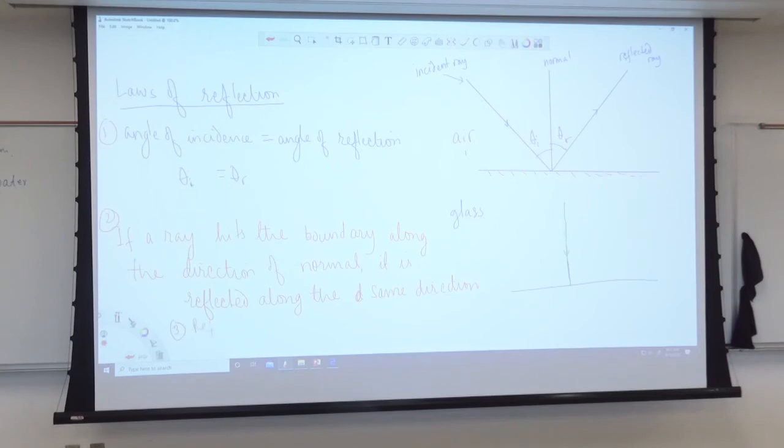So reflected ray, normal, and incident ray meet at a point on the boundary. Okay, so those are the three rules that we need to use to solve the problem. So let's look at the question now.